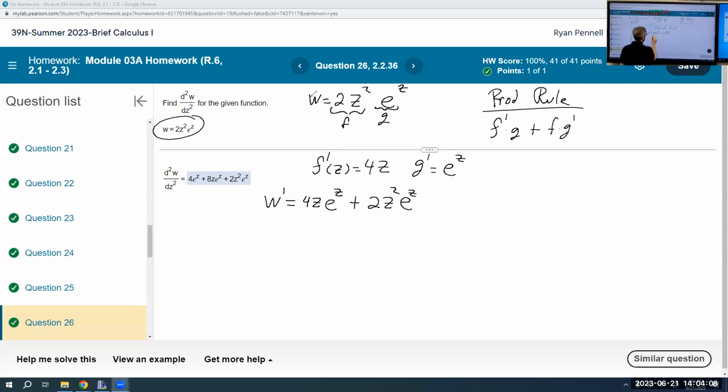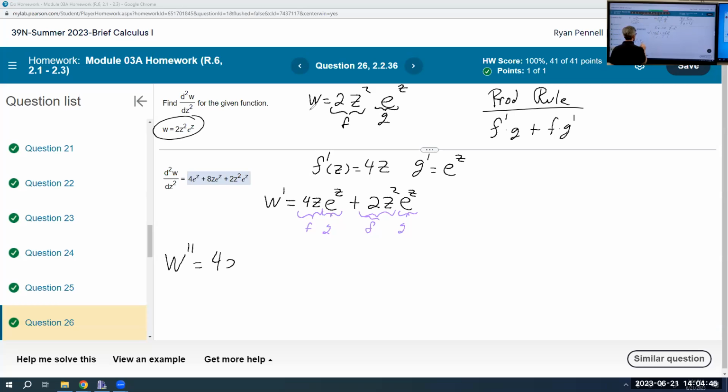Okay. I do that. Looks like I have to do product rule again. That would be an F. That would be a G. Do product rule again. This is like F tilde. And that's still G. So I have to do it again. That's the trouble with second derivatives. You just got to do it all over again. All right, but what's the derivative of 4z? That's just 4. So that's not too much trouble.